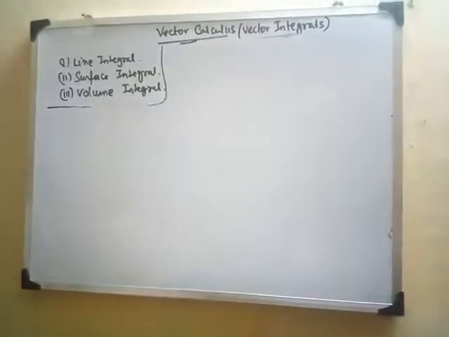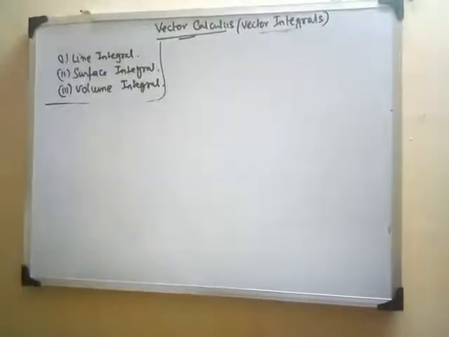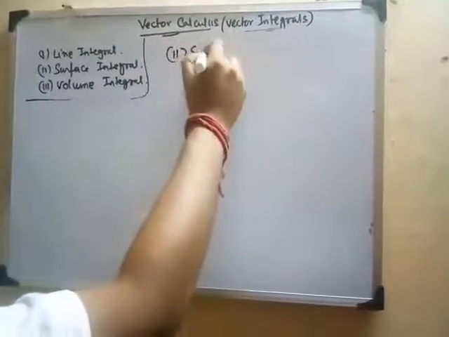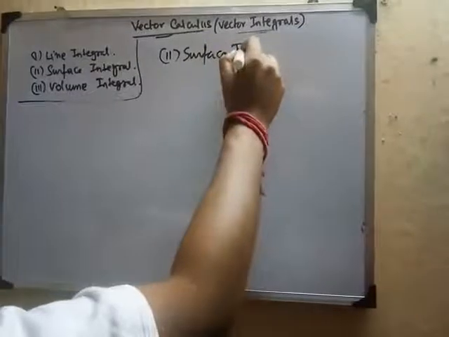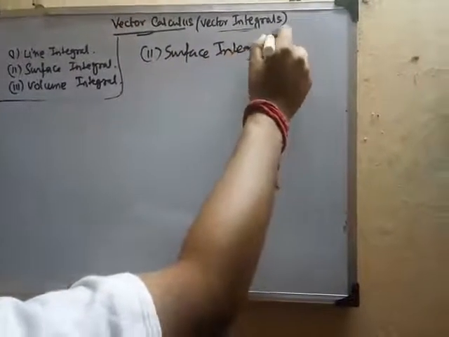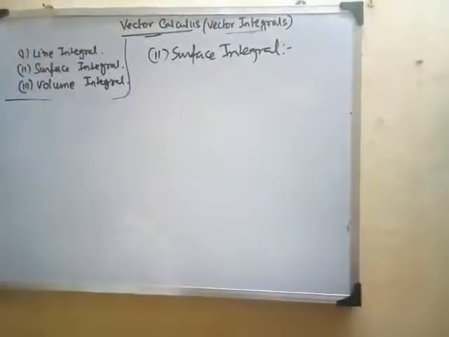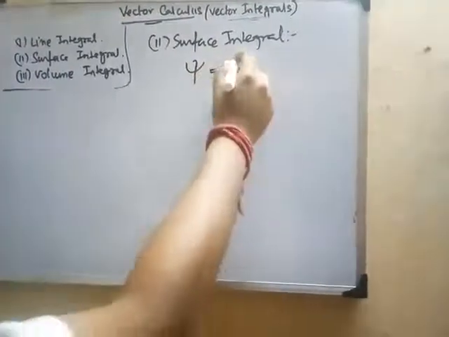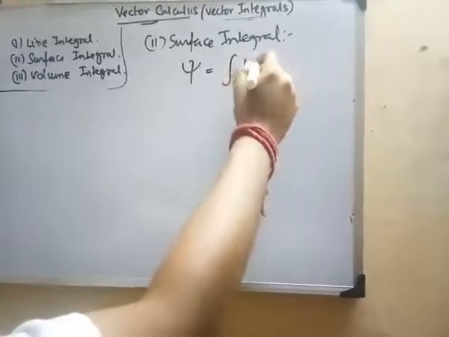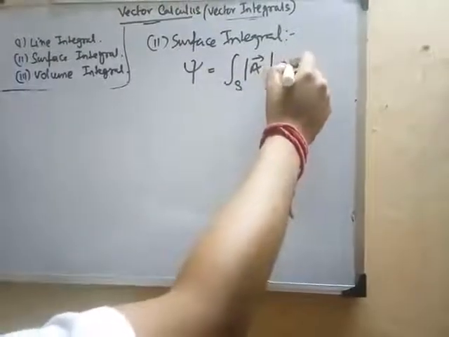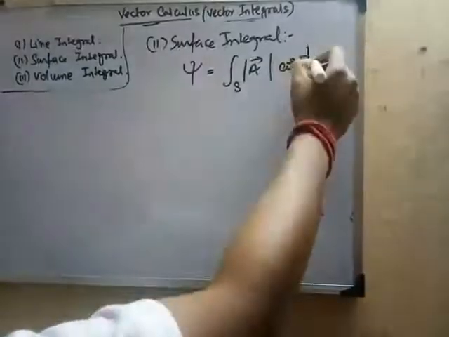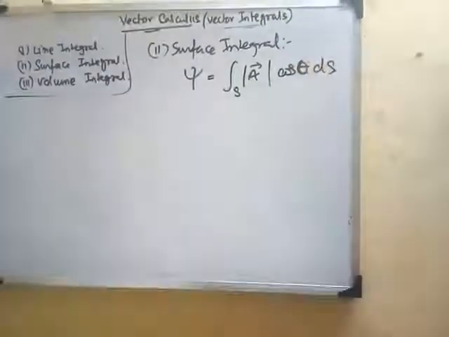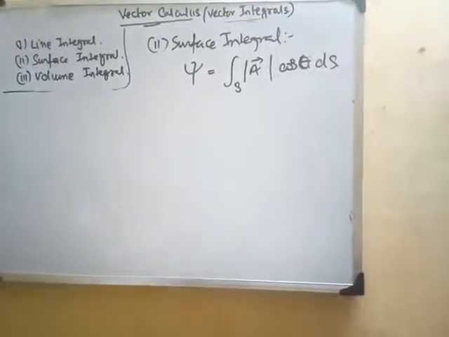So number 2 is surface integral. This surface integral is denoted by psi, which is equal to the surface integral of the magnitude of any vector A times cos theta ds. So only in place of L it will be S.